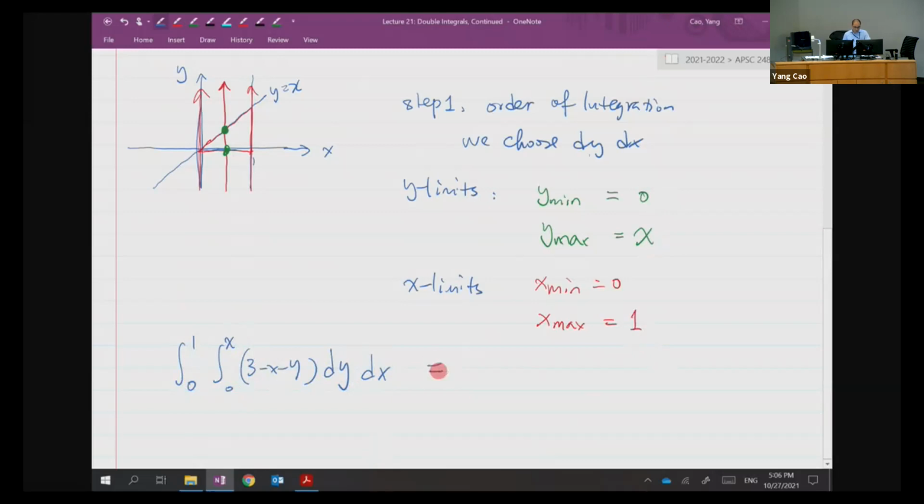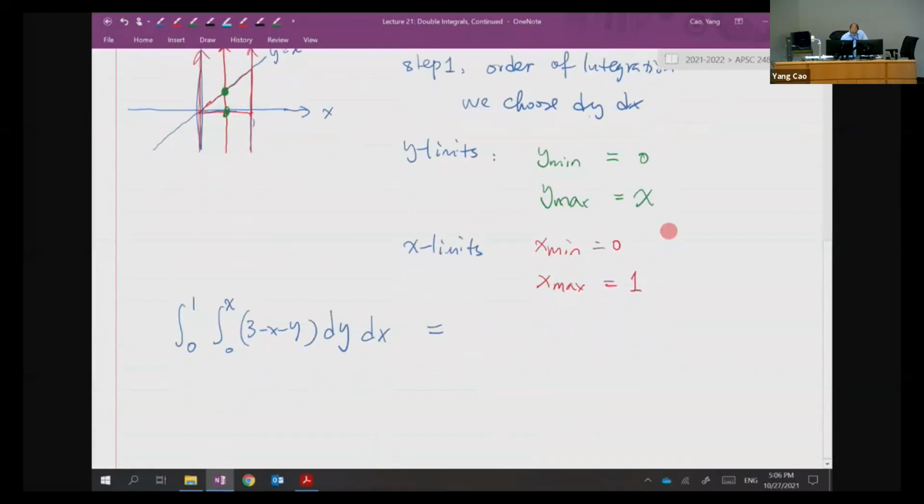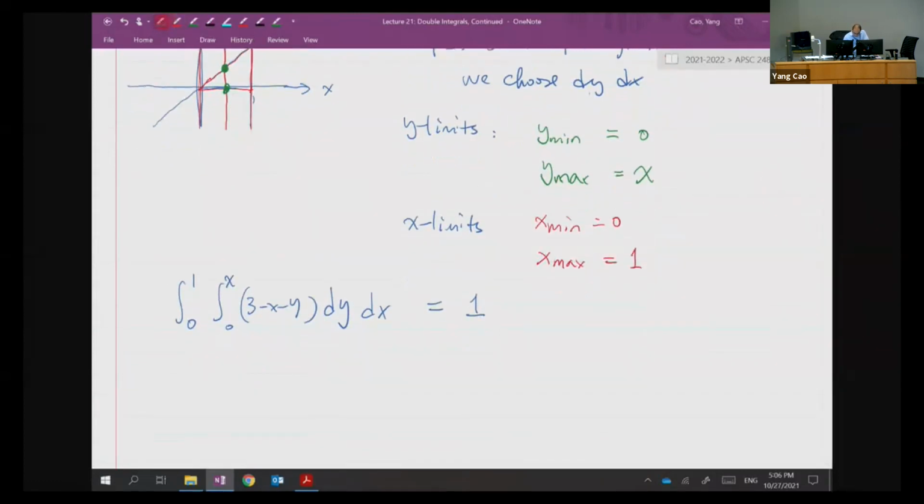Now you're ready to calculate this double integral from the inside to the outside. This is a very straightforward integral, with nothing tricky. The result of the calculation will be 1. This is based on the order dy dx.